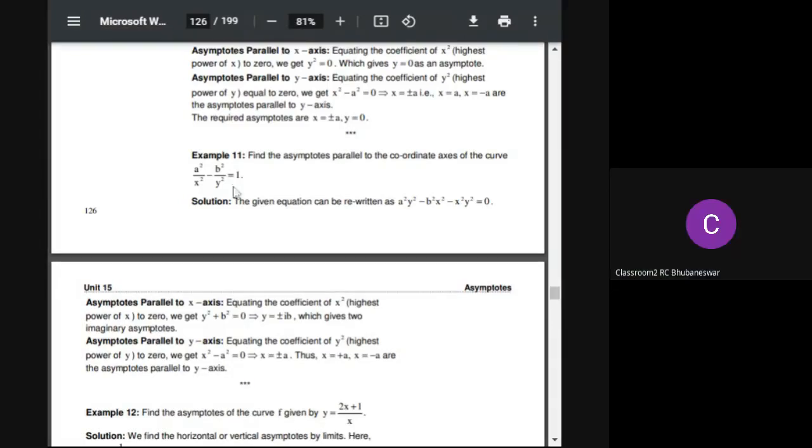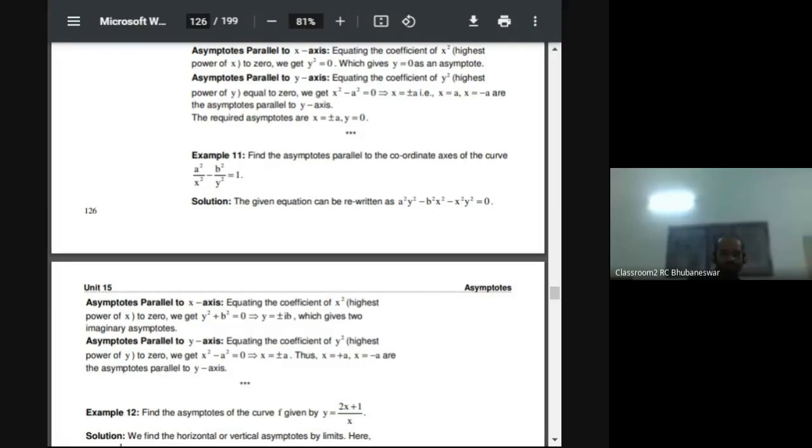If we simplify the equation into that form, we can represent it in the form a square y square minus b square x square minus x square y square equals 0.